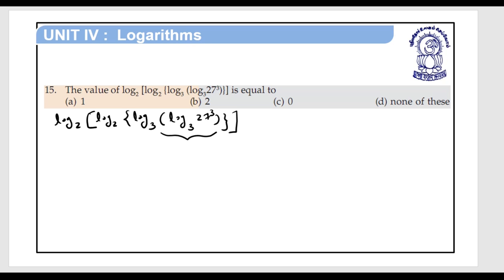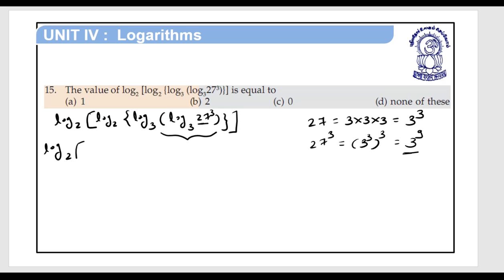First convert 27 into 3 form. 27 is equal to 3 into 3 into 3, means 3 cube. So here 27 cube is given, so (3 cube) cube, 3 threes are 9. Instead of 27 cube, we can write 3 raised to 9.